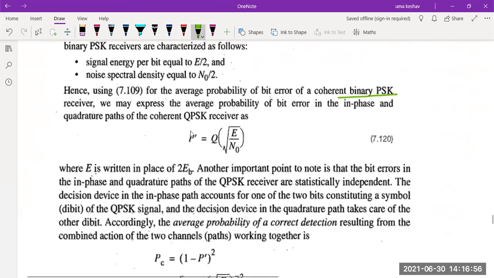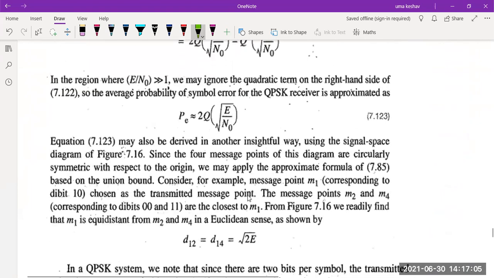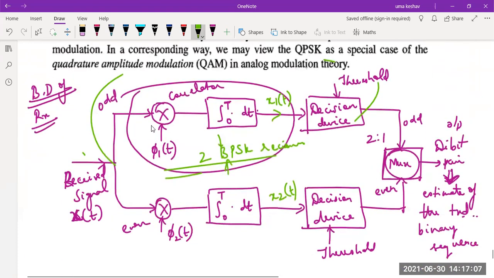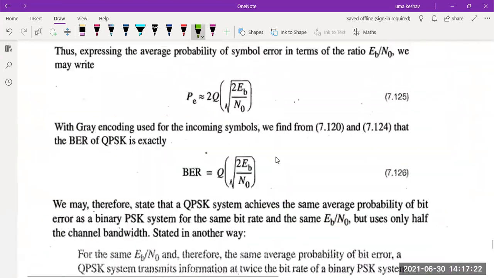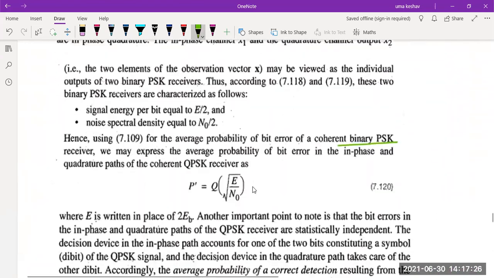So I can use the probability of bit error for the in-phase and quadrature paths. This is the in-phase path. Wherever I use the cosine carrier, that is the I channel, the in-phase channel. And wherever I use the sine carrier, that is the Q channel or the quadrature path. So the in-phase channel and the quadrature phase channel are there.